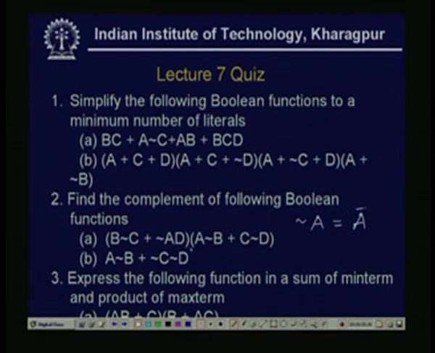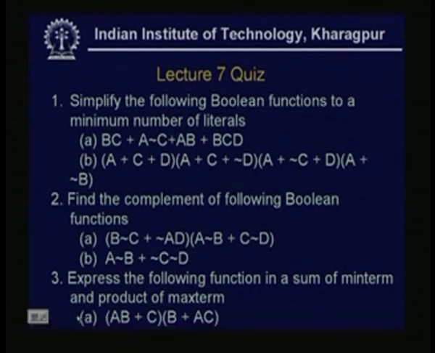So, actually this expression is A B bar plus C bar D bar. So, these two are the same notation, complementary. Normally this denotes the complement of A or negation of A. So, this is A B bar plus C bar D bar. Again we have to take the complement of this expression.